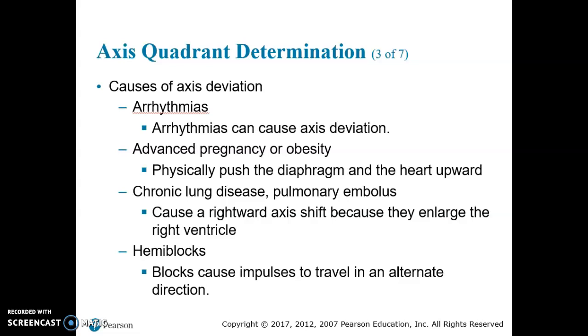So you may see that with pregnancy. And with hemiblocks, these blocks cause the impulses to travel in alternate directions. The block of one branch in the left ventricle causes the impulse to travel in an alternate direction. So you may see right axis deviation or you may see left axis deviation with this.